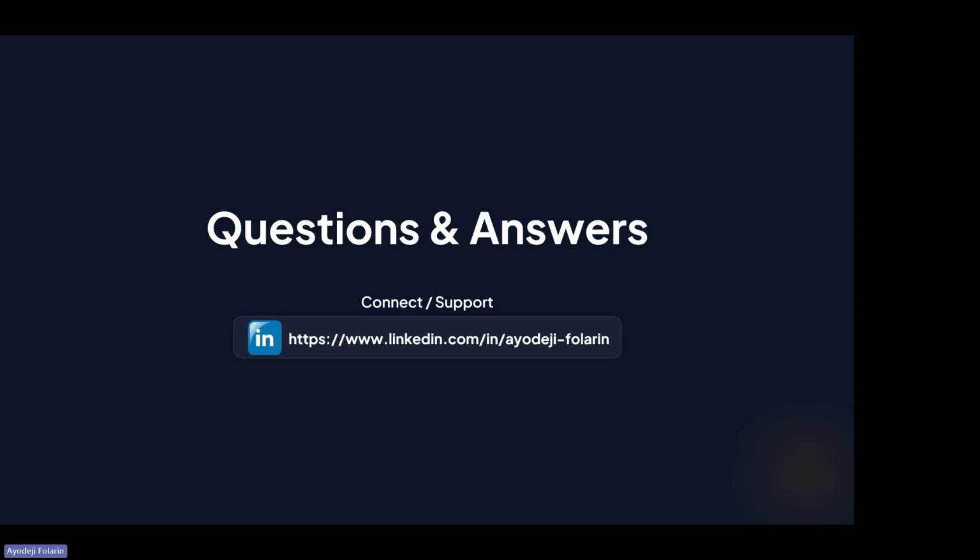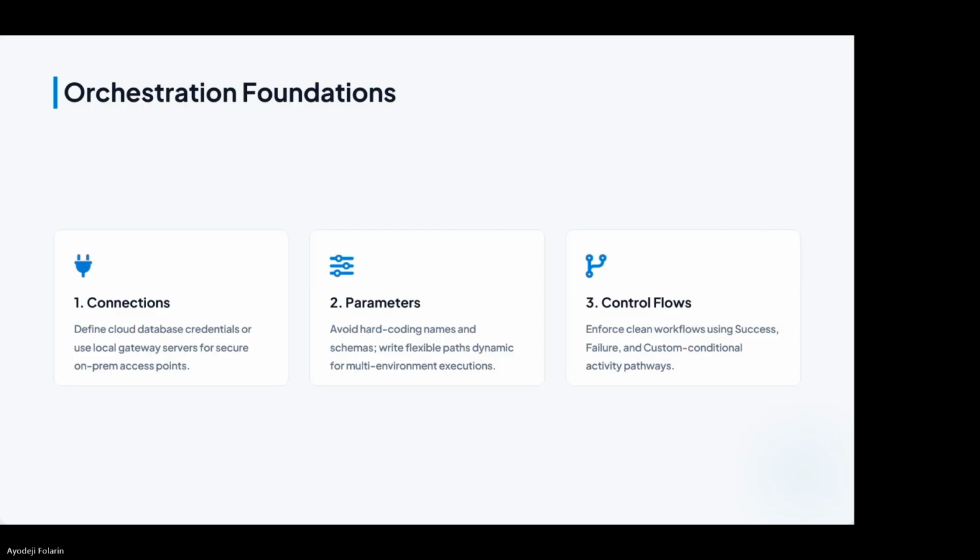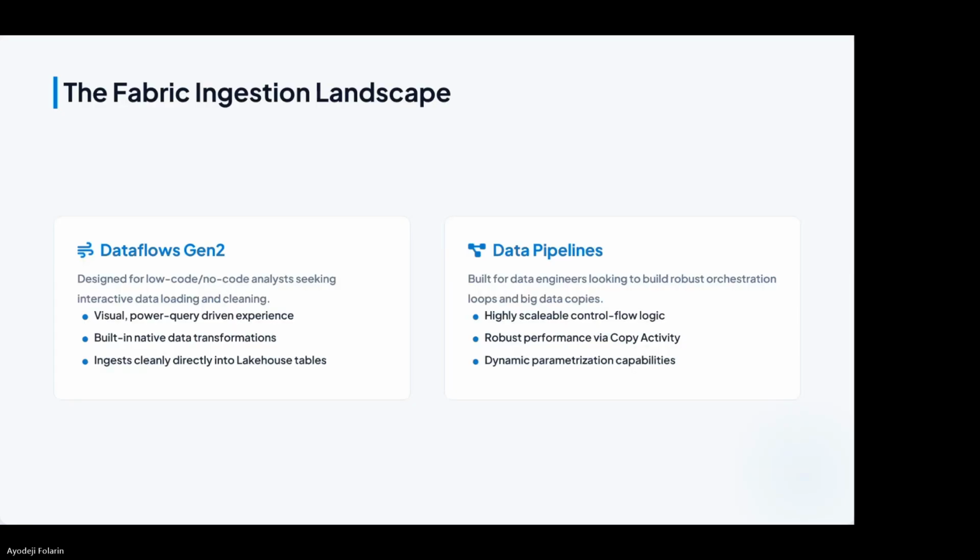We said there are pipelines and there are data flows Gen 2. Am I correct? Yes. So I'm saying, how do we determine which of these two to use? Is there a criteria that would help us say this is better to go with, or using a pipeline is better to go with? Do you understand my question? I do perfectly.